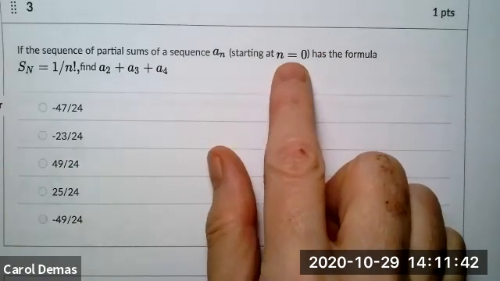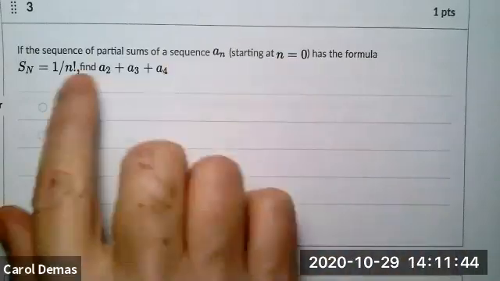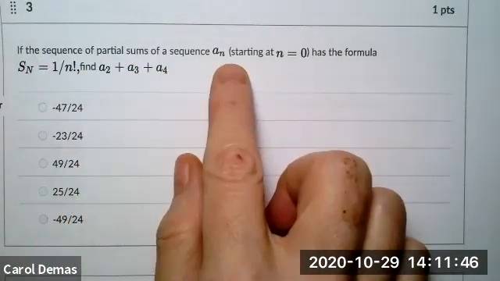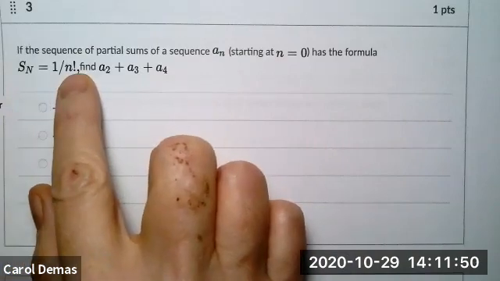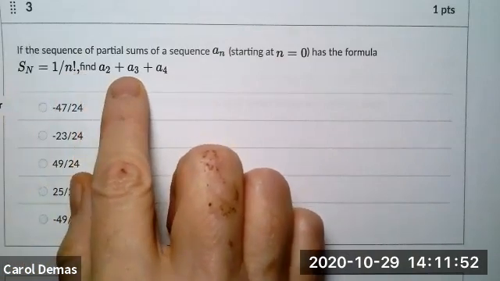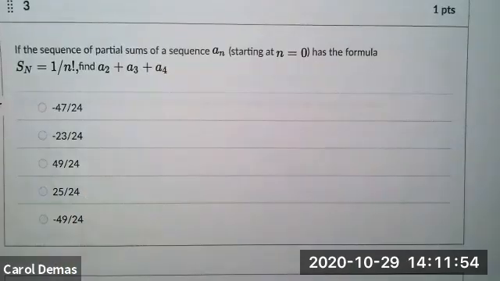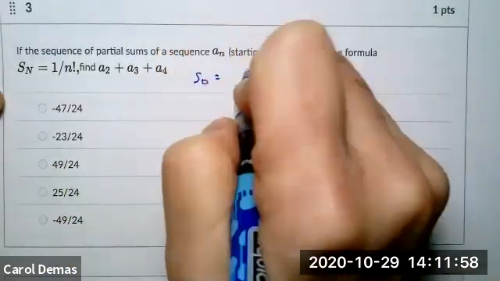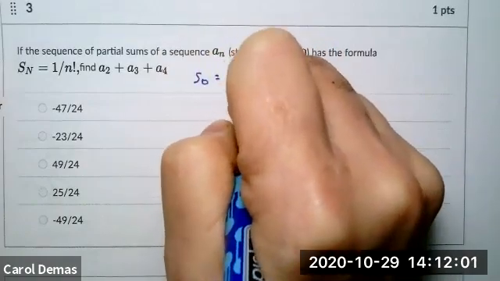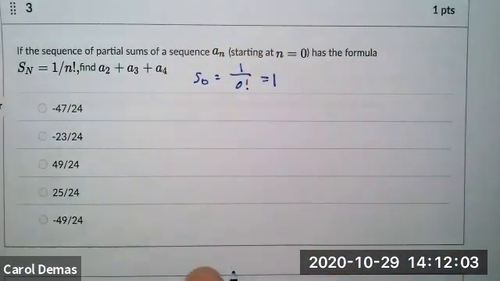Okay. Now, I didn't like this one because he started at n equals 0. But here he says the sequence of partial sums of a sub n has this formula: s sub n is 1 over n factorial. And we want to find a2 plus a3 plus a4. Okay. So s sub 0 is given by the formula. That'll be 1 over 0 factorial, which is 1.